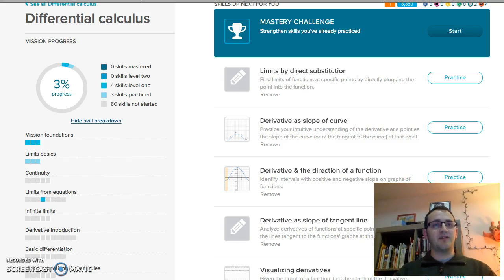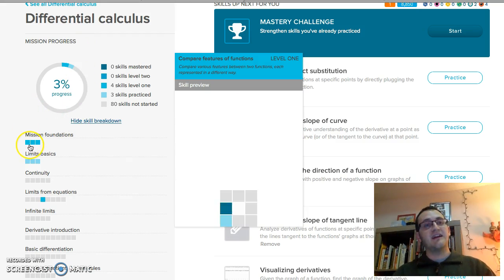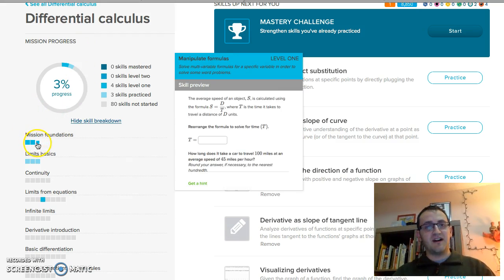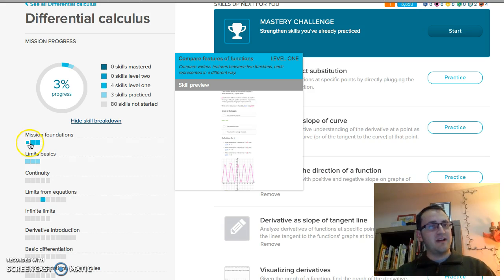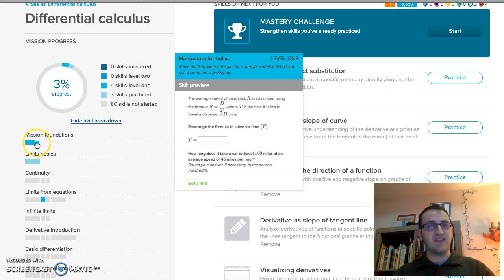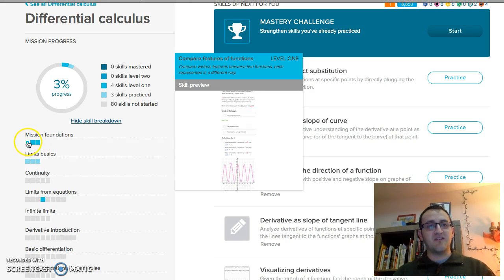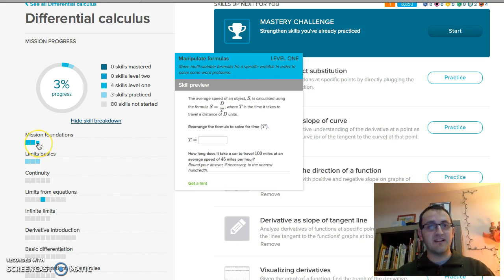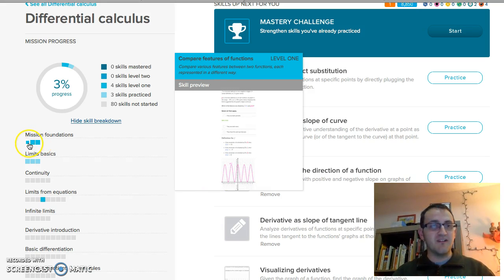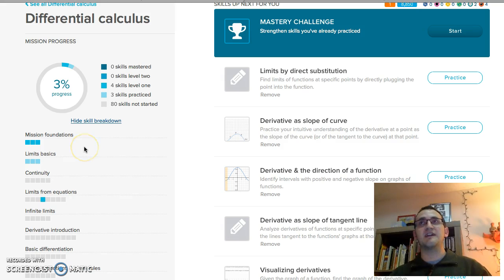So here's an example. I toyed around a little bit and I started the differential calculus mission, and I actually worked on different skills. So there's mission foundations, for instance, things like composition of functions and manipulating formulas, which I worked on and was able to quickly master.